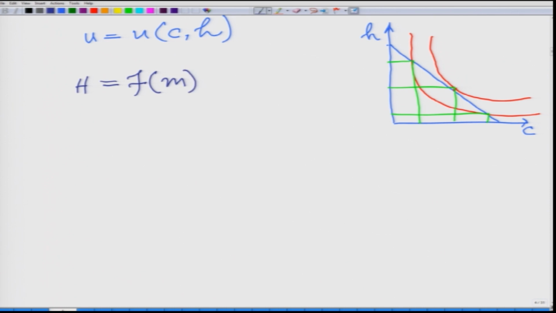You can keep your denotations. I can write this is my health stock and this is my medical care, or the investment on health.